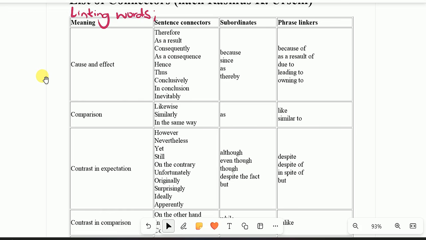That relationship might be sequential, meaning that it shows time, like when you say firstly, secondly, thirdly. And then you can also use logical connectors or linking words to show reason and purpose. You can show opposition or contrast. I'm going to unpack all of that and show you how to do that.